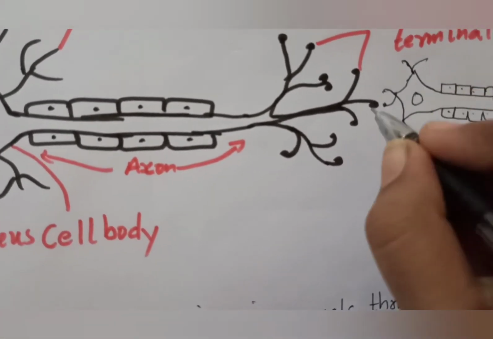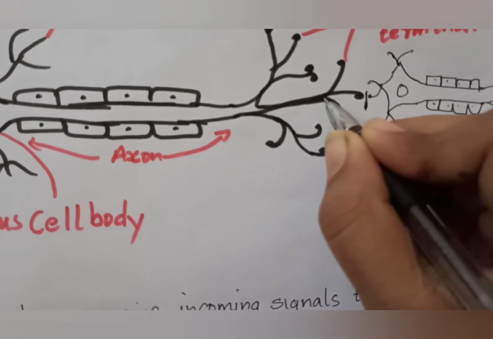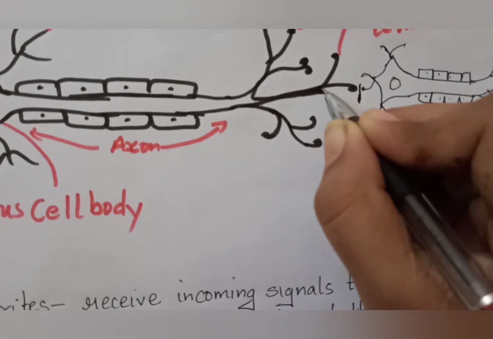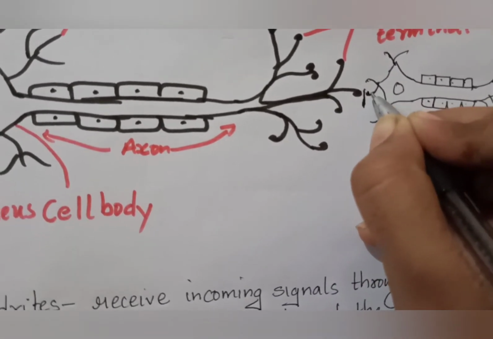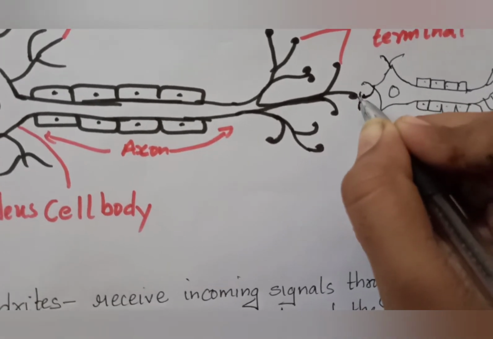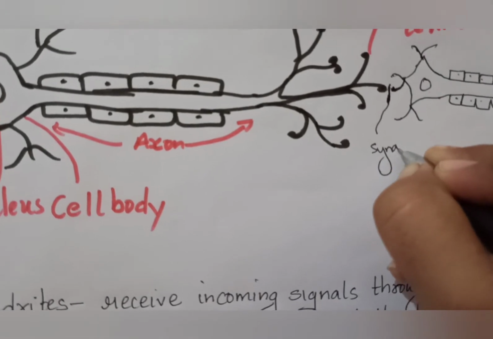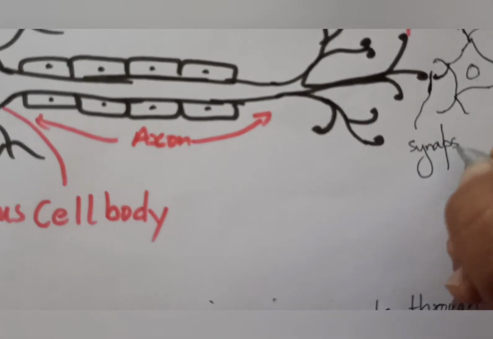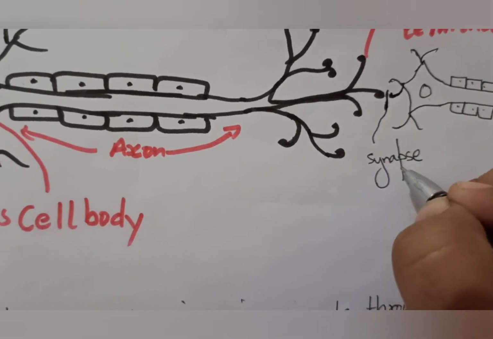Like this. So there is a gap. The gap between the ending of one neuron and the beginning of the dendrite of the next neuron is known as synapse. This gap is known as synapse.